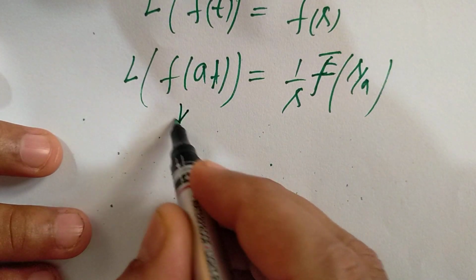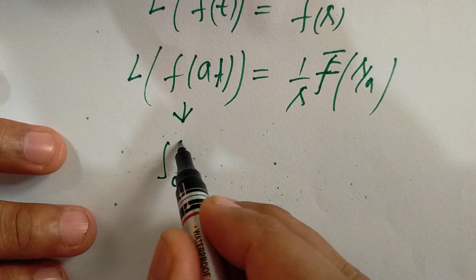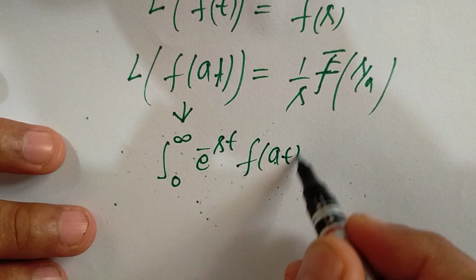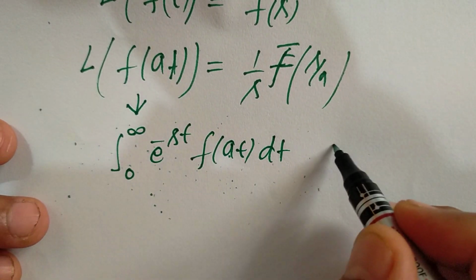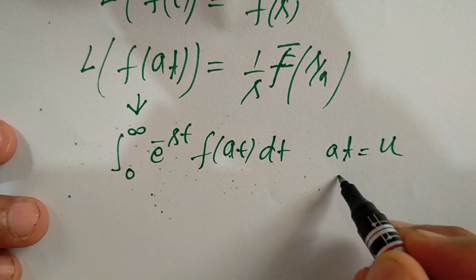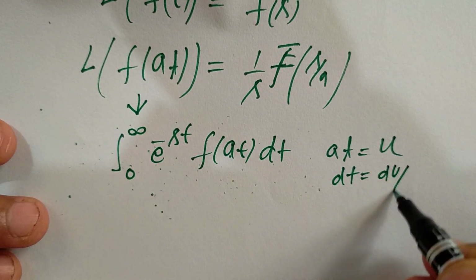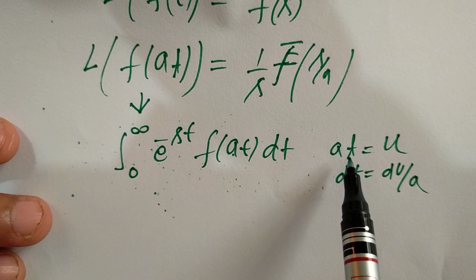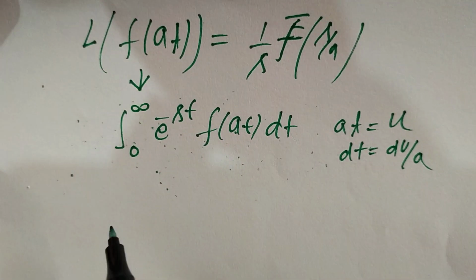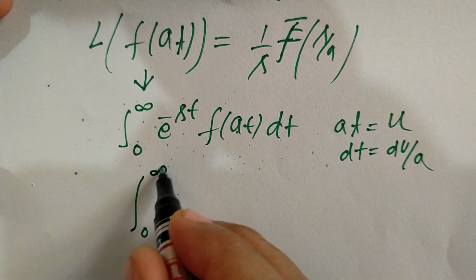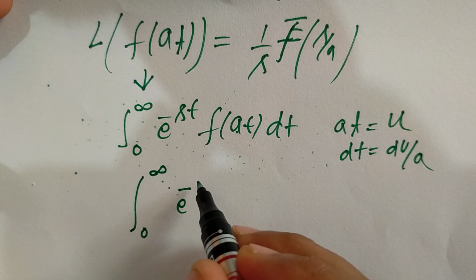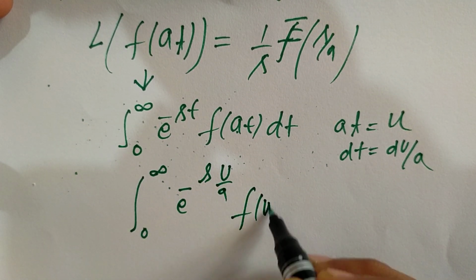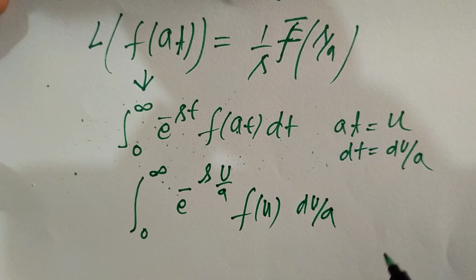Laplace of f of at will be, using the definition, integral 0 to infinity e power minus st f of at dt. Now at you take u, so we have dt equal to du by a, and the limits will be t equal to 0, u equal to 0, and t equal to infinity, u equal to infinity. The limits will be the same. So integral 0 to infinity e power minus s, in the place of t we have u by a, f of u, and du by a.